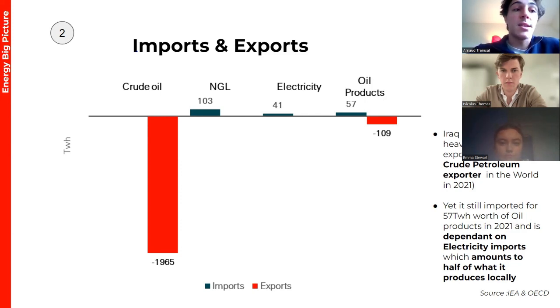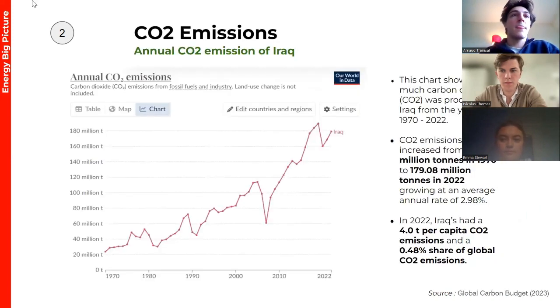And finally, it is important to notice that Iraq is dependent for its electricity consumption, as it imports the equivalent of half of its local electricity production. So I will now leave the floor to Emma.